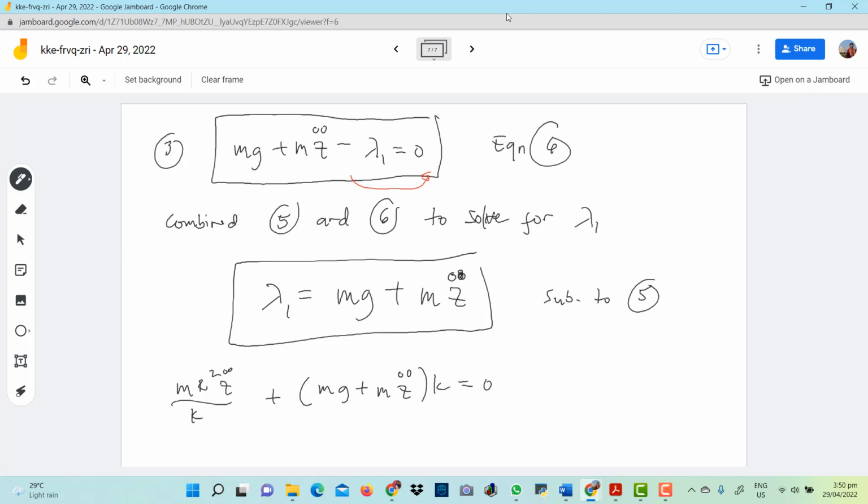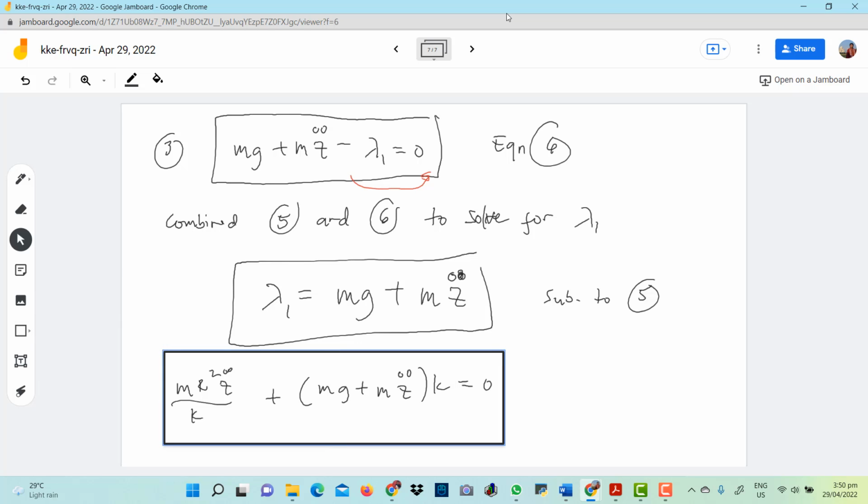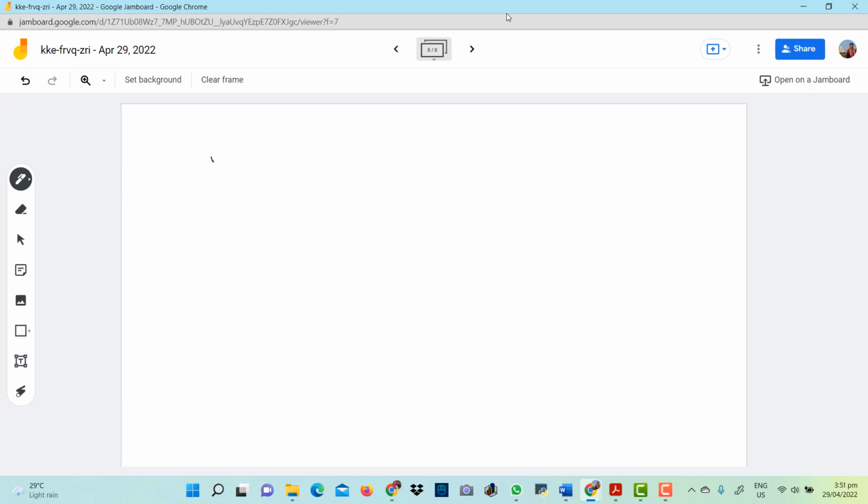So from this, you can solve for z double dot. I won't go through the steps, but from this I can solve for z double dot, and that will be your final equation of motion along z, which is equal to minus g k square over r square plus k square.